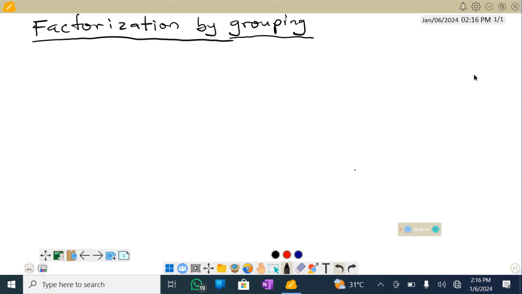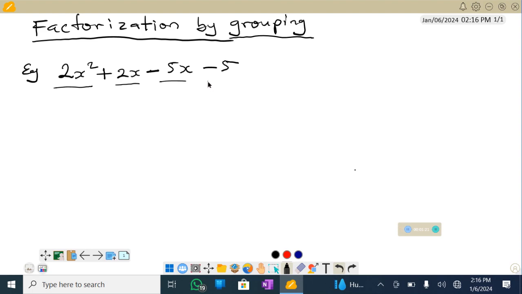But when we say factorization by grouping, we are looking at algebraic expressions that are in four parts. For example, you can have 2x squared plus 2x minus 5x minus 5. So you can see that this problem is in four parts, which is this one, this one, this one, and this one.